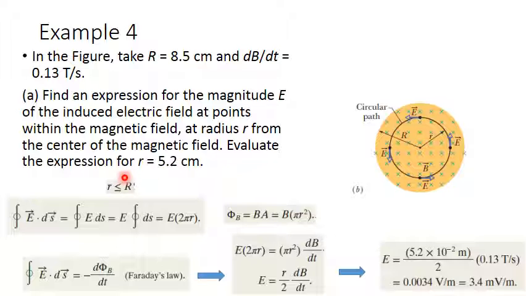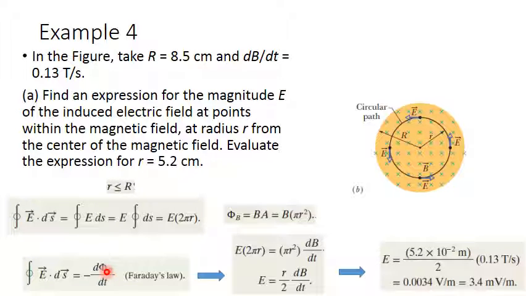So in this case, we are going to find the electric field at a point small r, which is smaller than or equal to capital R. So in this case, we say that the integration over a closed loop of the electric field dot ds would equal minus partial phi B by partial t.